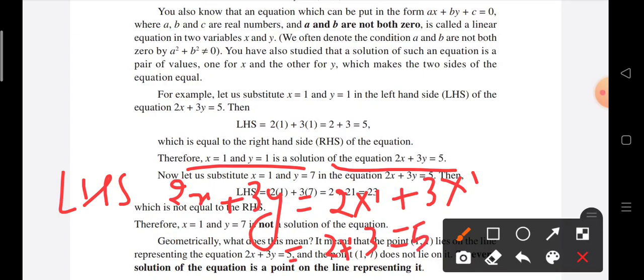The RHS is also 5. So LHS is equal to RHS, which means this is the solution of this equation. If LHS does not come equal to RHS, that pair of values of x and y is not the solution of the linear equation in two variables.